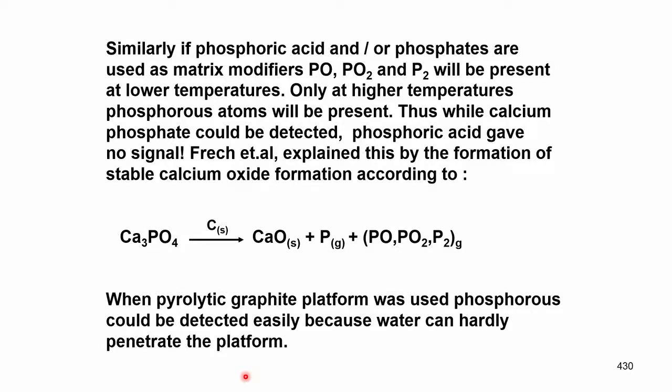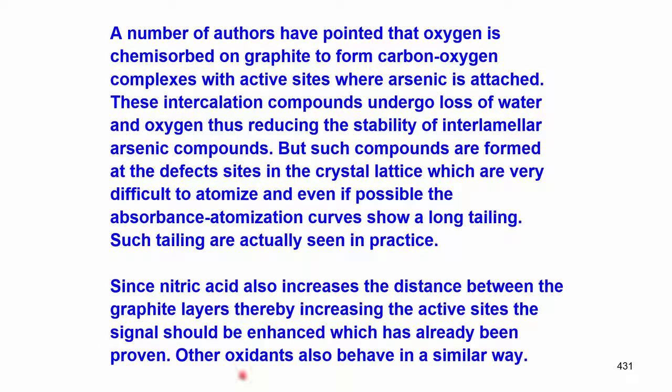Okay. So, these are some of the little tricks we understand, and a number of authors have also pointed out that oxygen is chemisorbed on the graphite tube to form carbon-oxygen complexes with active sites where arsenic is attached. So, they do form some sort of intercalation compounds.